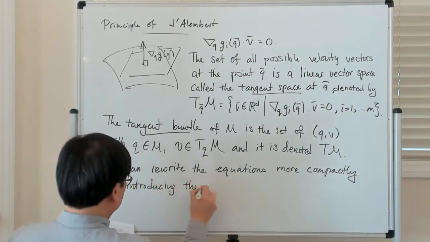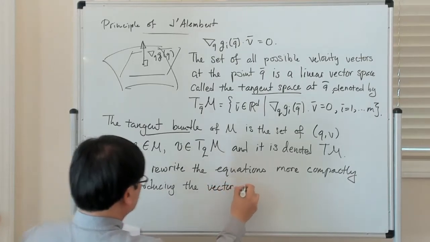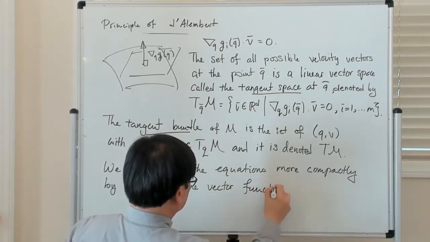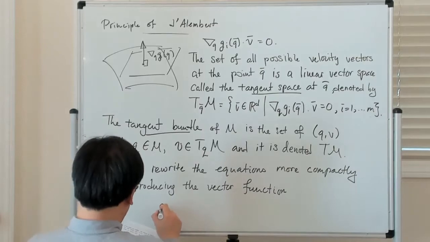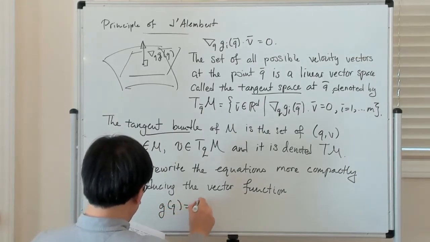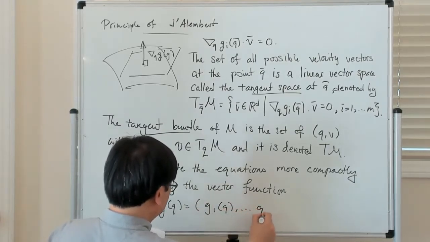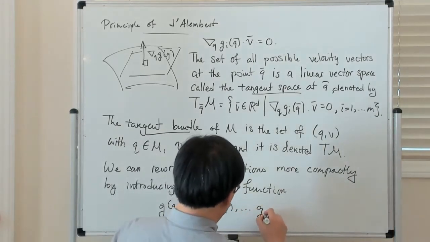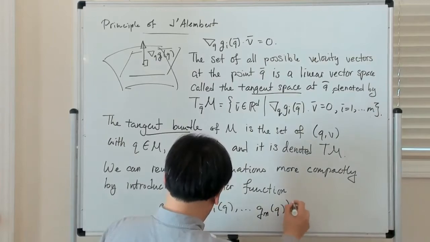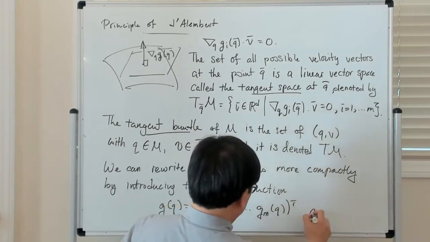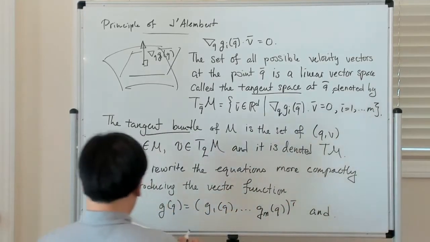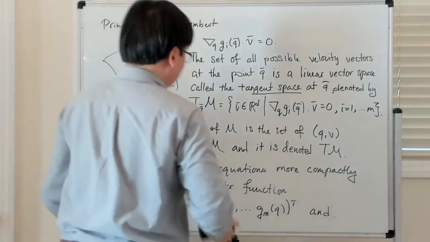By introducing the vector function g of q, which is g1 of q all the way up to g m of q, transposed, we can look at the Jacobian matrix associated with this.